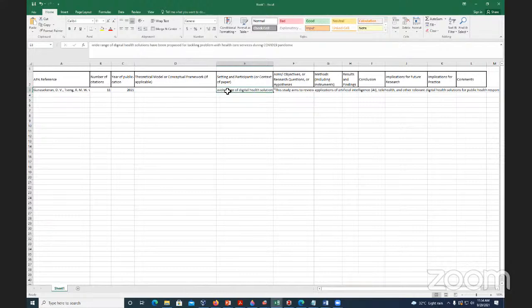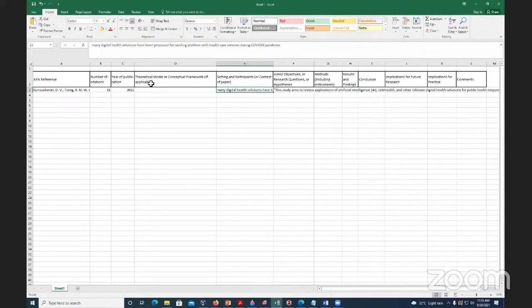So I just paraphrase what I just got from that first part of the paragraph. The background was really saying that there are many healthcare solutions. I could make it even shorter. Many healthcare solutions have been proposed for tackling the overwhelming healthcare services during the COVID-19 pandemic. By the way, for every paper, this is going to be different. I just looked it up to say, what is it? I put this in my own words. I didn't have to paraphrase it.